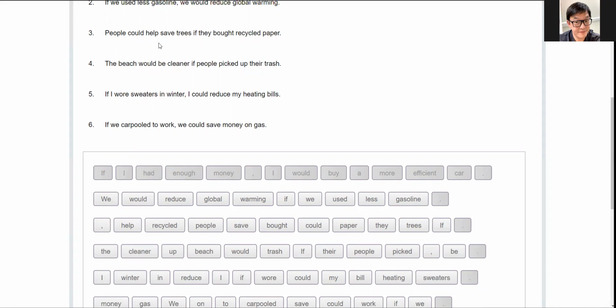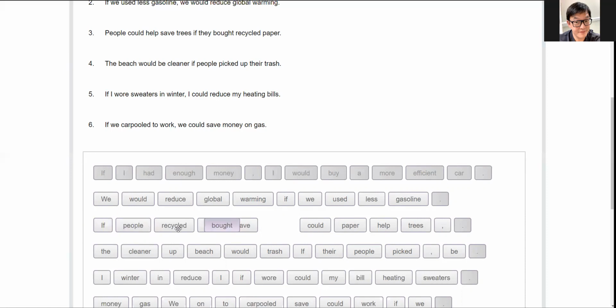People could help save trees if they bought recycled paper. So what we have to do now is switch. If, I don't know if I think I should follow what they have. So if they bought, the correct was the people.